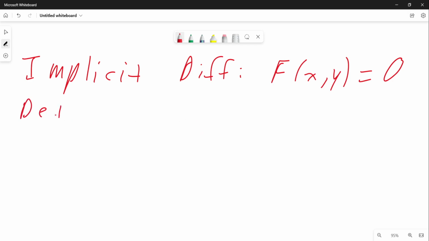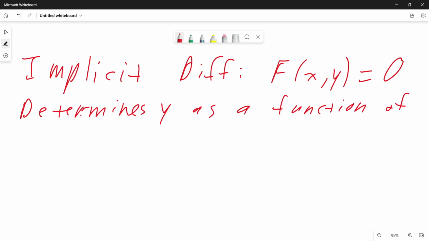This determines y as a function of x, at least locally.